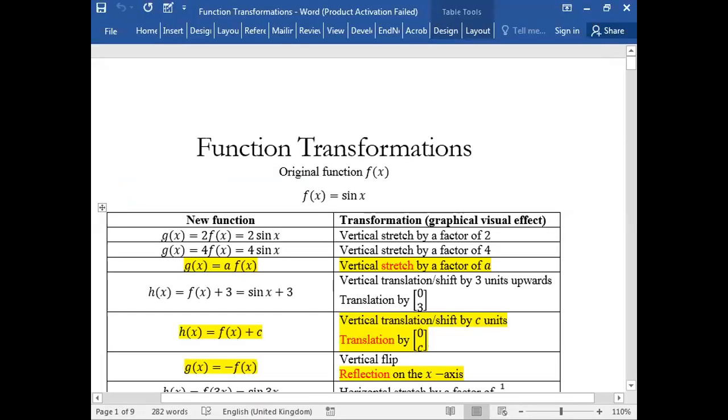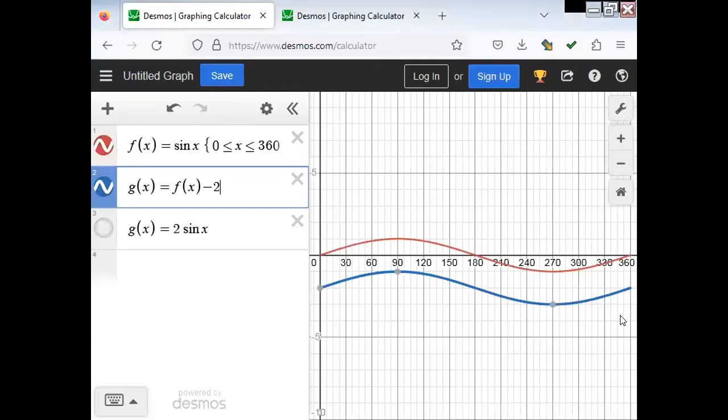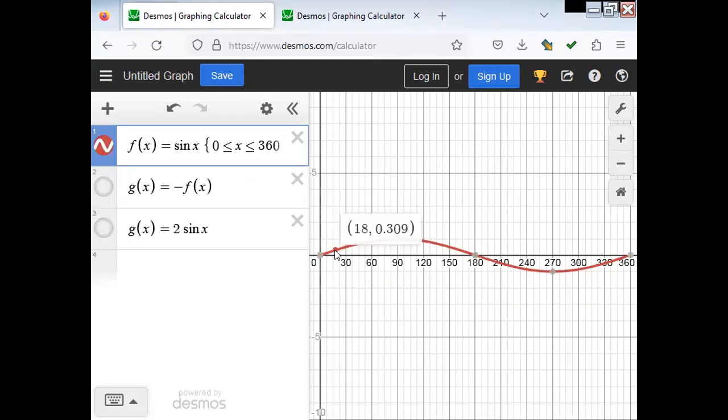So we have understood 2 vertical transformations. Now, what if I would have multiplied all the values? If I write -f(x), then what? Tell me what will happen to the graph. Earlier, on my input 18 I was getting 0.309. So now on the 18 input, what will I get? -0.309.